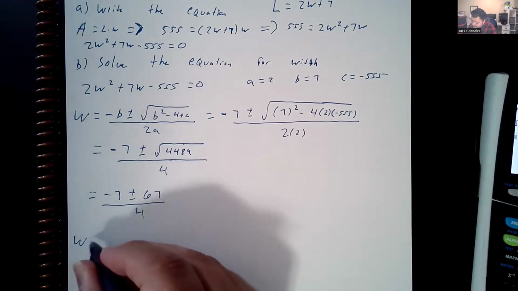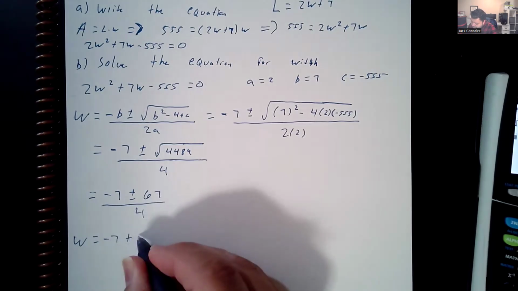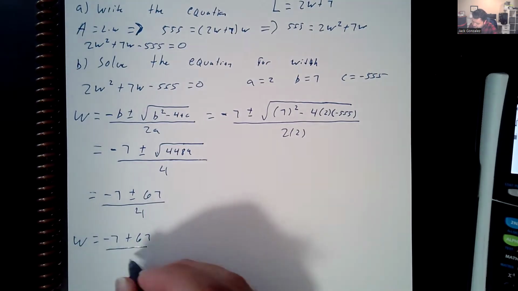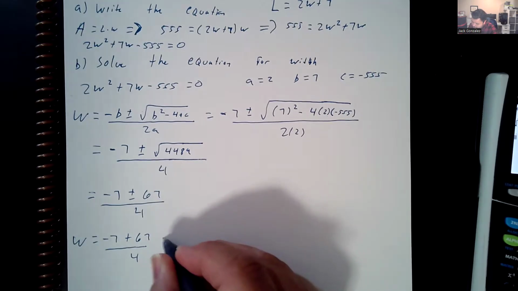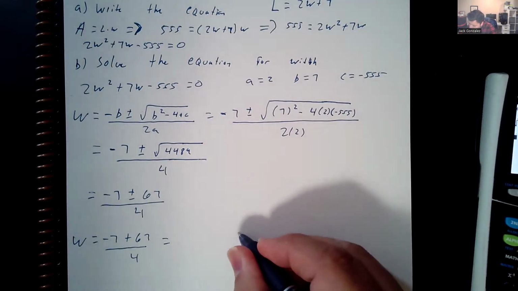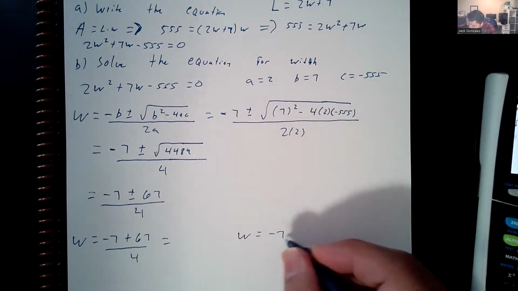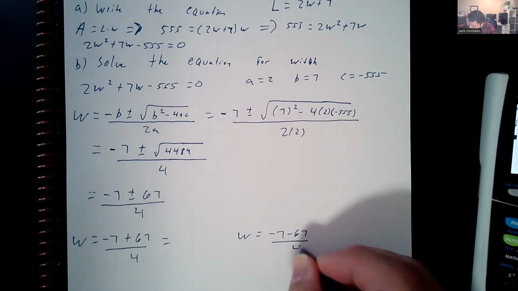So W will equal negative 7 plus 67, or W will equal negative 7 minus 67, both over 4, of course.